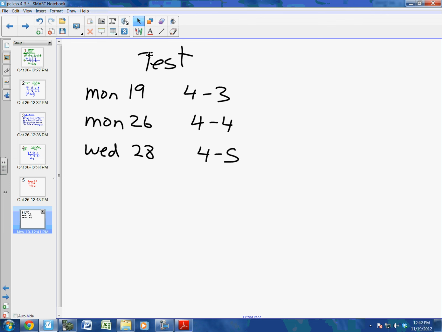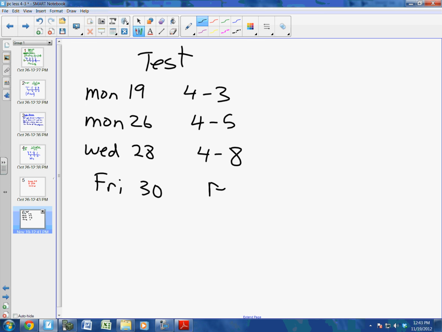I had this all figured out last Friday, and now I can't remember. Oh, you know what? We're not doing 4-4. We're doing 4-5 and then 4-8. So we're going to do 4-5 and 4-8. And then Friday, the 30th, we are going to review.